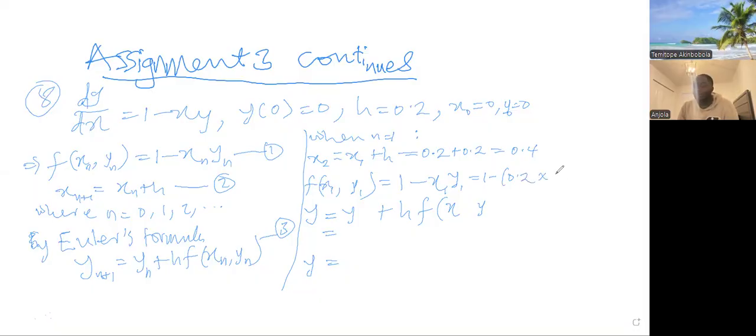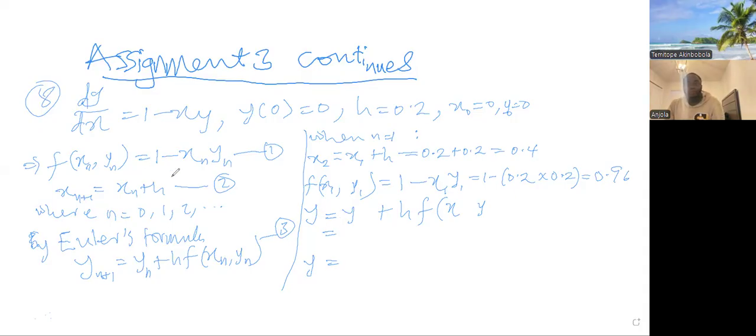The y1 we obtained, y1 is 0.2 as well. 0.2 times 0.2 will give us 0.04. 1 minus that should be 0.96.